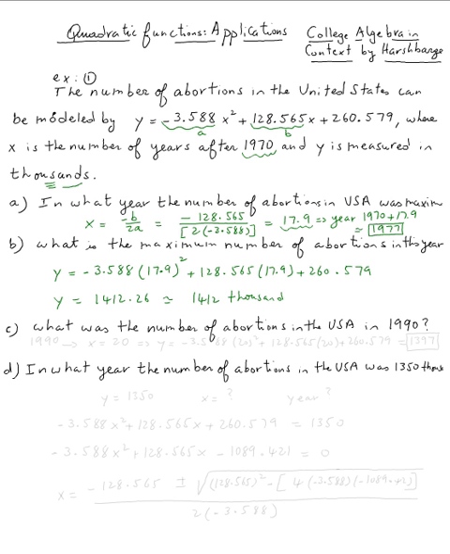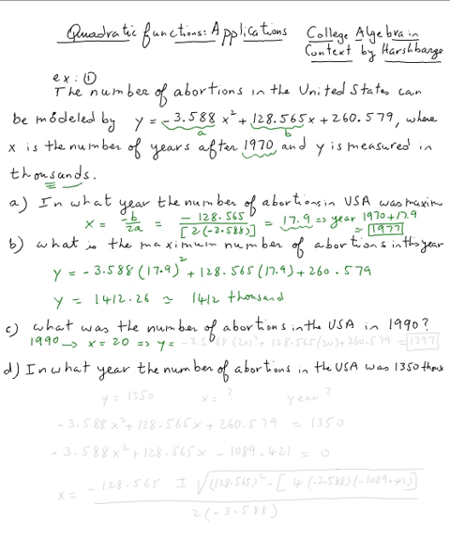For question C, what was the number of abortions in the USA in 1990? We can't plug in 1990 for x. We need to plug in the number of years after 1970. So 1990 corresponds to what x? 1970 to 1990 is 20 years. So we need to plug in x equals 20.